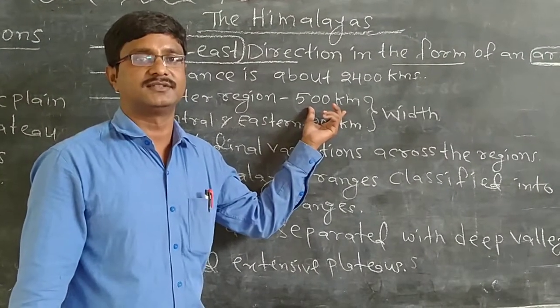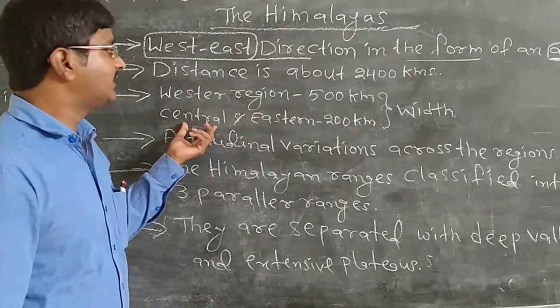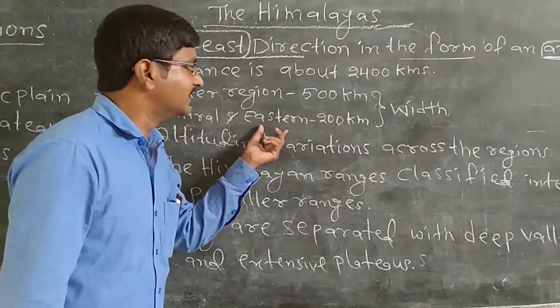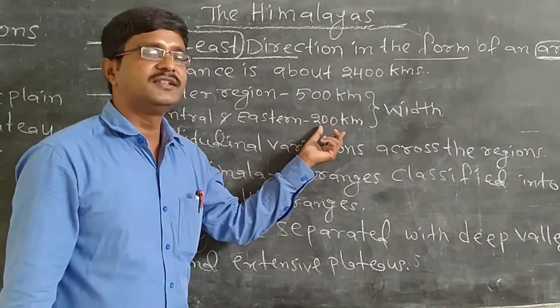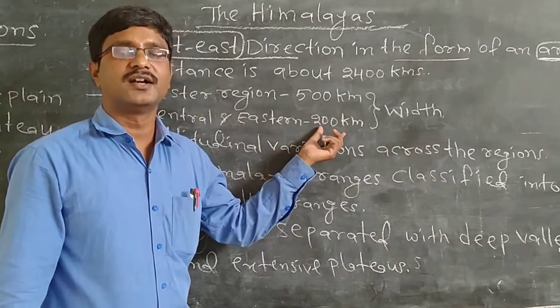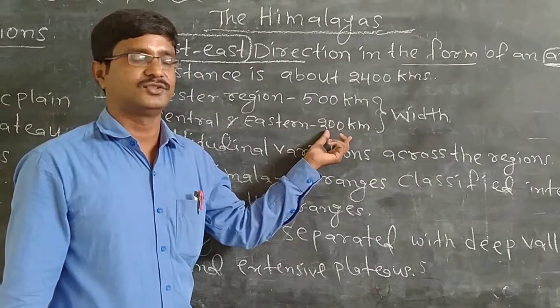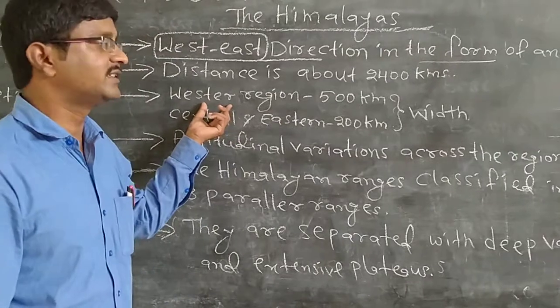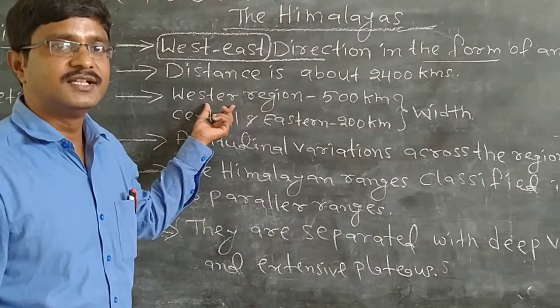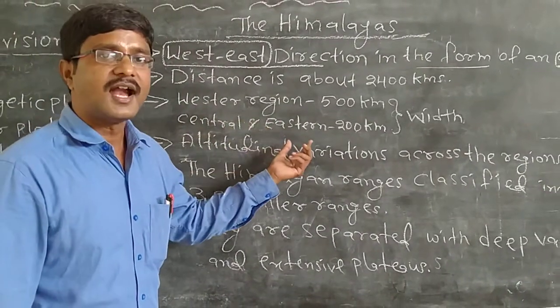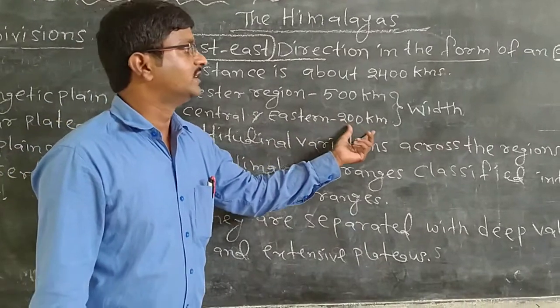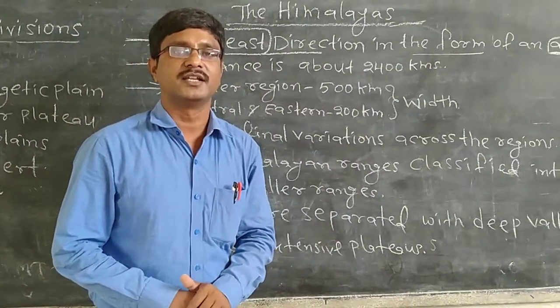In the central part and in the eastern part of the Himalayas, the width is 200 kilometers. So what is the width of the Himalayas in the western region? 500 kilometers. And in the central and eastern region, the width of the Himalayas is 200 kilometers.